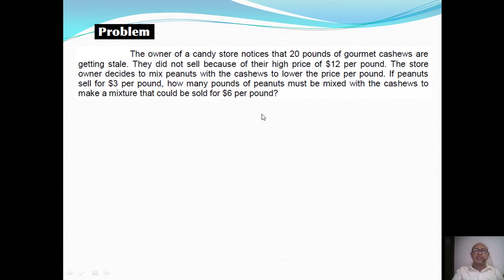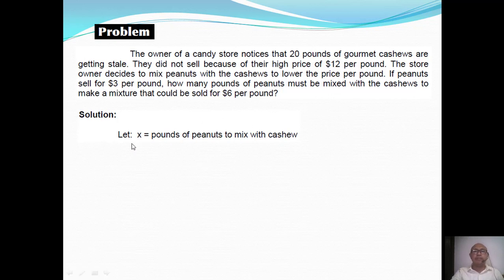Okay? So if we encounter a mixture problem in which we are given the price of the commodity to be mixed, here we have peanuts mixed with cashews, so if we are given the cost or the value, then that serves as the concentration.